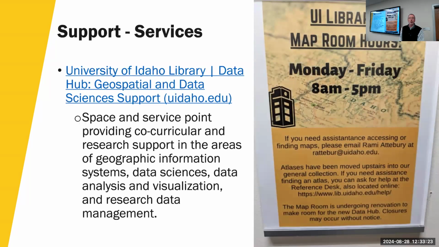So in terms of support at the library, we have a space in the map room for those in person here. It's just across the way. It's called the Data Hub. It's a space for support for geographic information systems and data science and other analysis and visualization issues, research data management as well. The map room is open and available for use as it transitions somewhat away from physical maps to digital support for digital data and analysis.